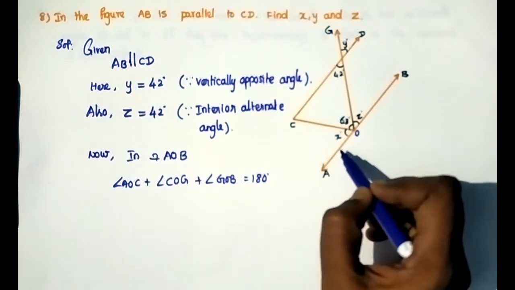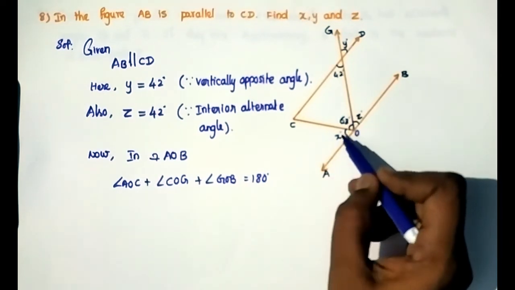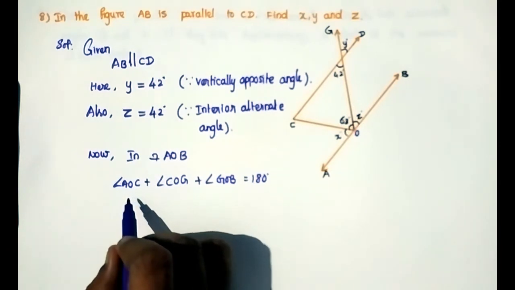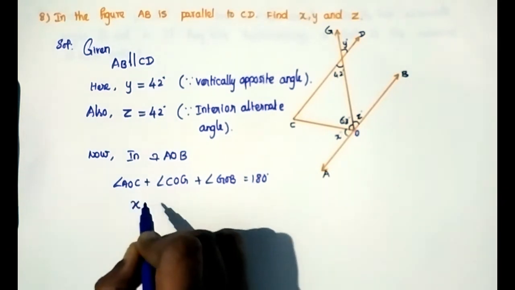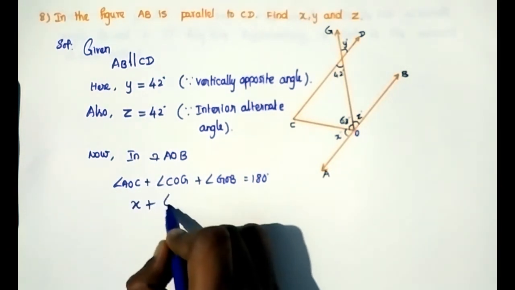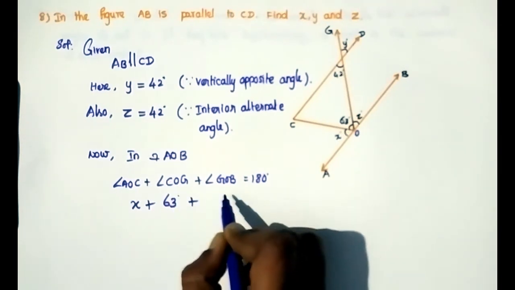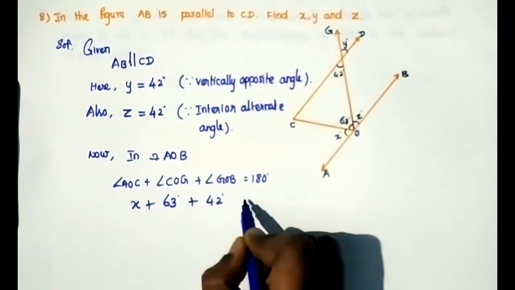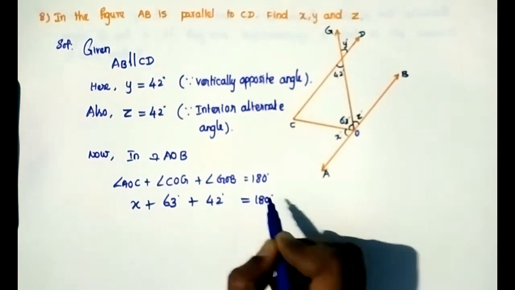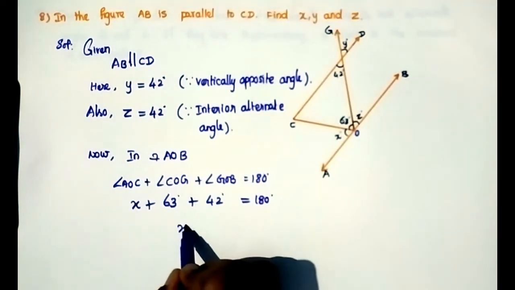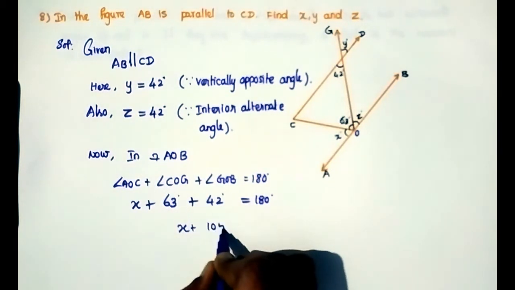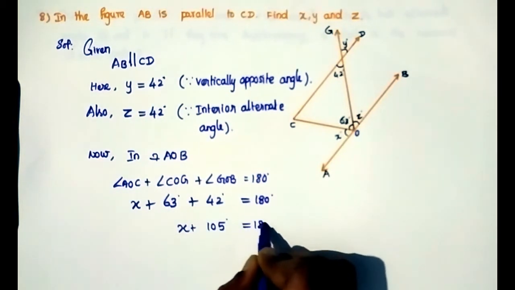That is a straight line, so adding all the angles we get 180 degrees. AOC is x, COG is 63, GOB is z, that is 42 degrees, equal to 180. Adding these two angles gives 105, so x plus 105 equal to 180.